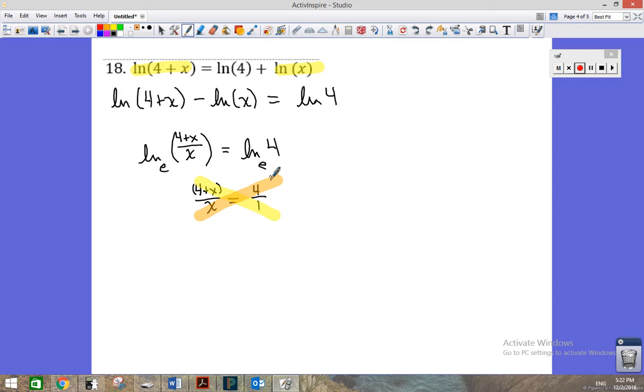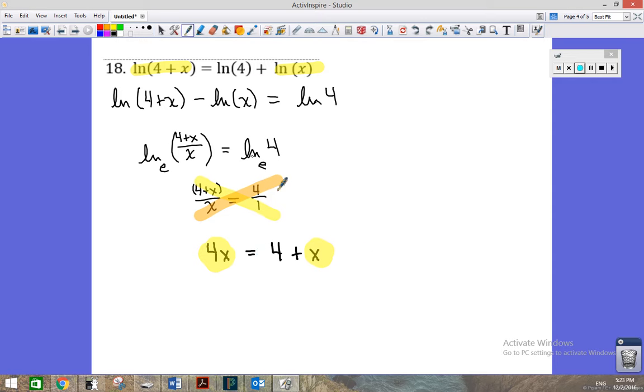So along one diagonal here, along this orange diagonal, I have 4 times x. And along the other diagonal, 1 times, well, anytime you multiply by 1, you get the identical thing back. That's why they often refer to it as the multiplicative identity. So I have 4 plus x. So again, the variable of interest is x, and this term both have an x, but they're on opposite sides of an equation.